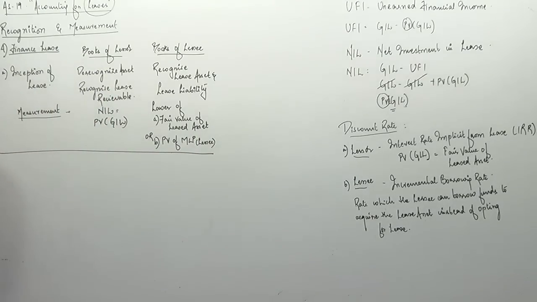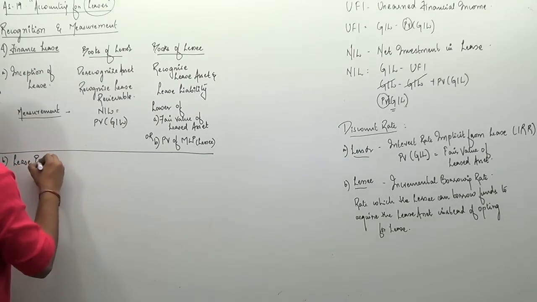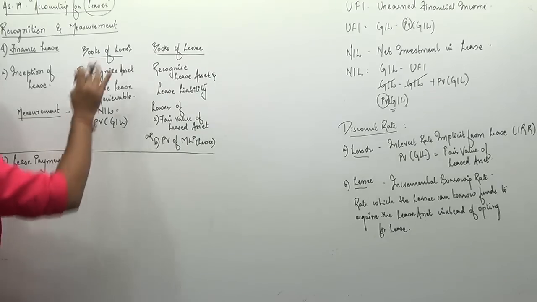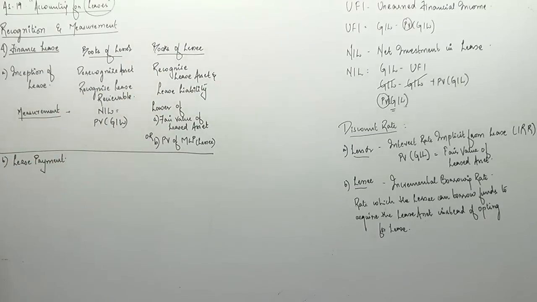Then let's go to the subsequent recognition and measurement. My subsequent recognition should be at the time of lease payments. It is received for a lessor, paid by the lessee.